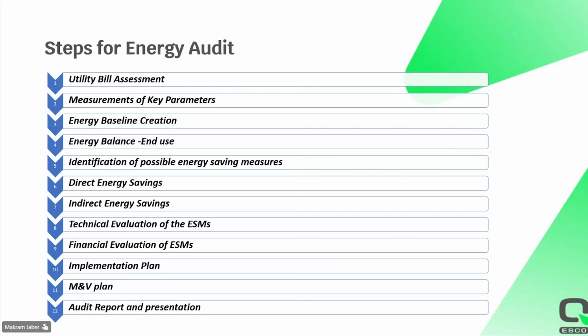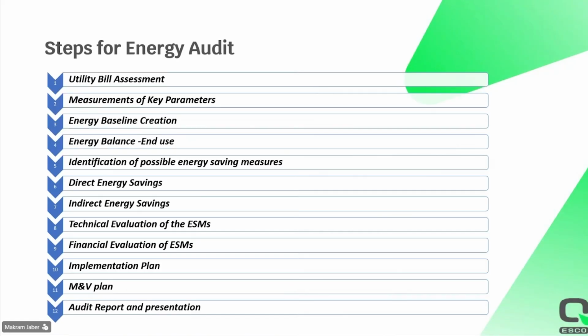After evaluating the ESMs, we will go to the implementation plan, where we plan how we are going to implement these ESMs. And an important part, for which we have a separate session, is the measurement and verification. At the end of the audit we have to do the measurement and verification plan.